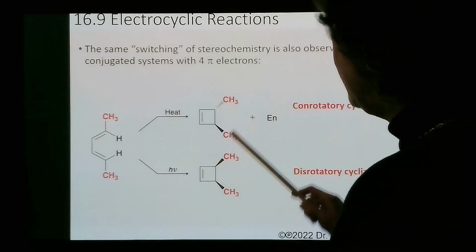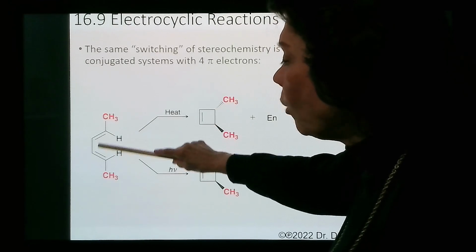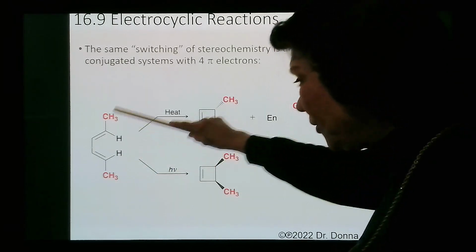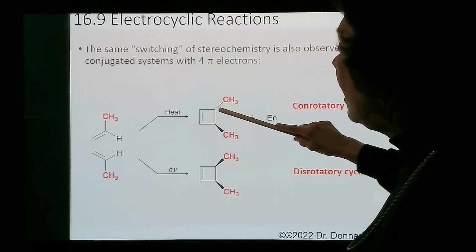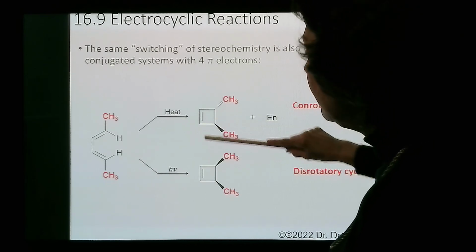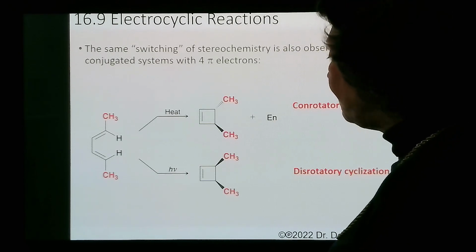And this is depicting the same thing again. Here you can see this is a 4 pi system with the two methyls on the outside, on the same side. And now your product shows the product of the reaction. The new sigma bond has formed, the new pi bond has formed, and the two methyls are on opposite sides.